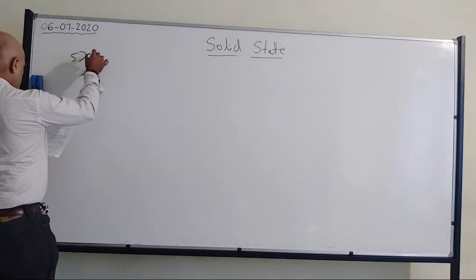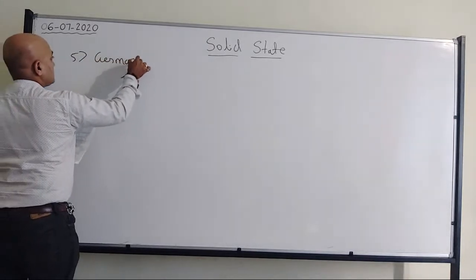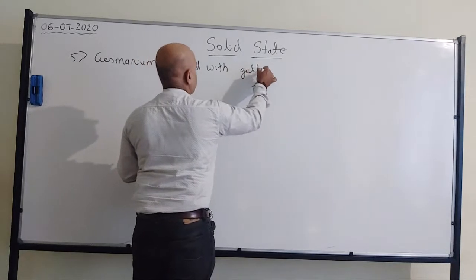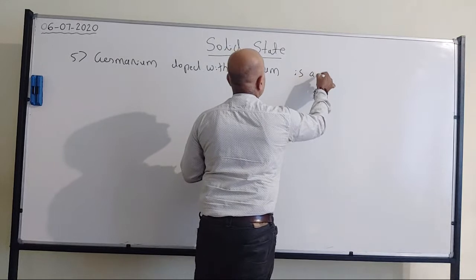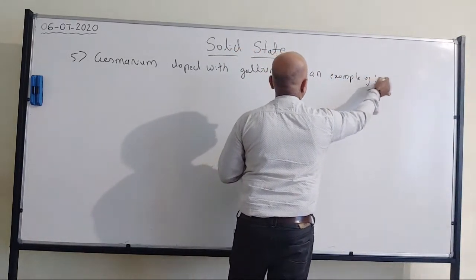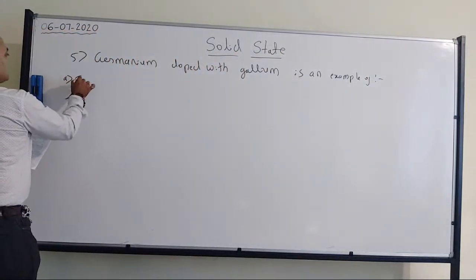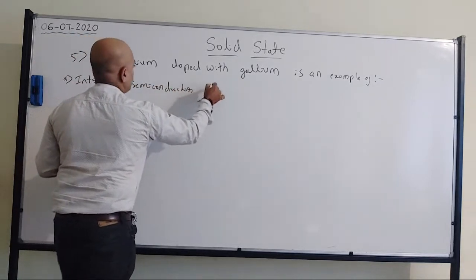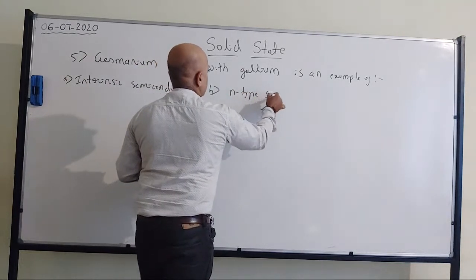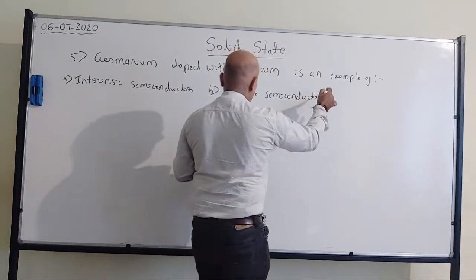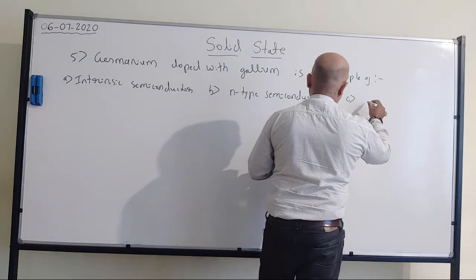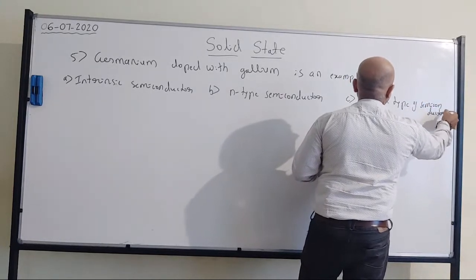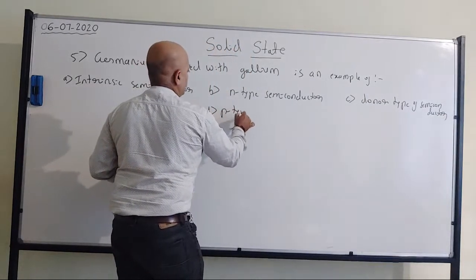So the next question is: germanium doped with gallium is an example of: A, intrinsic semiconductor; B, N-type semiconductor; C, donor type of semiconductor; D, P type of semiconductor.